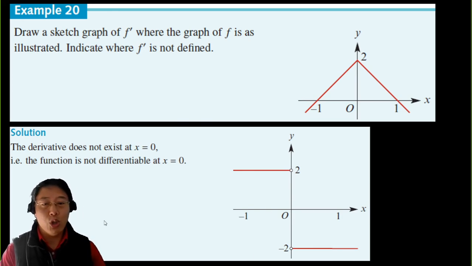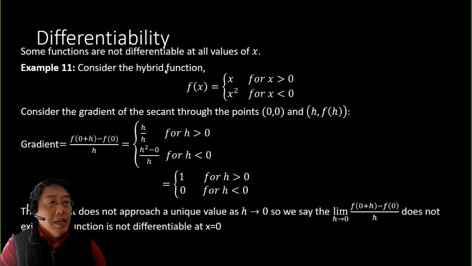We're going to look at the general way of doing this. Some functions are not differentiable at all values, so you create a hybrid function: a linear function for positive x, and for negative x it will be a quadratic.